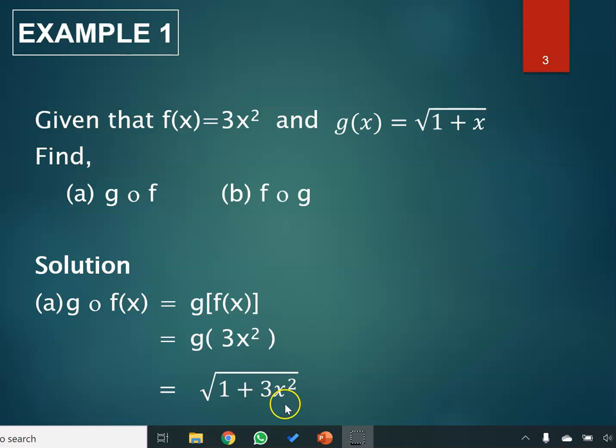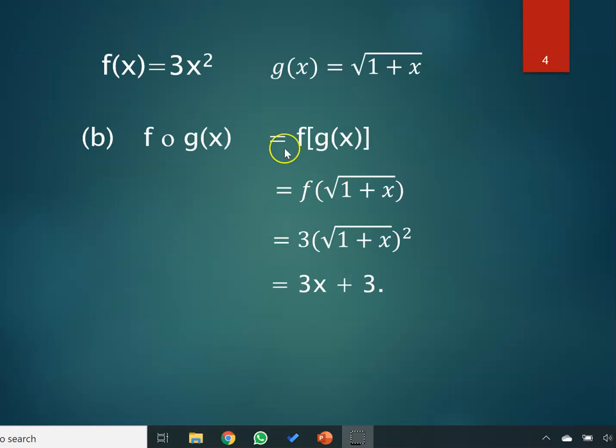And let's see the second example, which is f dot g. So for this term, you're going to substitute the g into the f. So let's see, this is your f, this is your g function. So you're going to substitute g into f. What is your f? Your f is 3x squared, which means that this x you're going to substitute with the g.